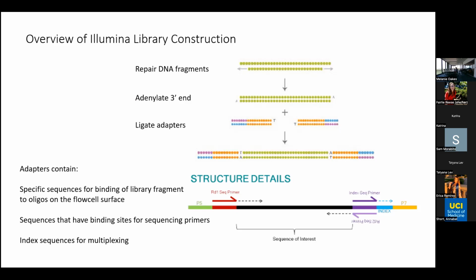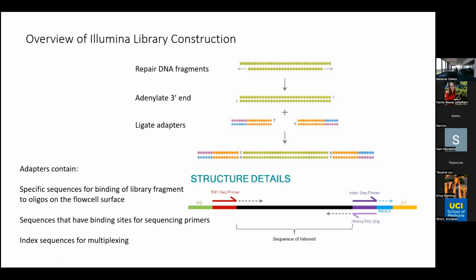If we look at the structured details, here's our sequence of interest. This P5 represents a sequence that's complementary to an oligo on the flow cell. This P7 also represents a sequence complementary. My read 1 sequencing primer is in the red.